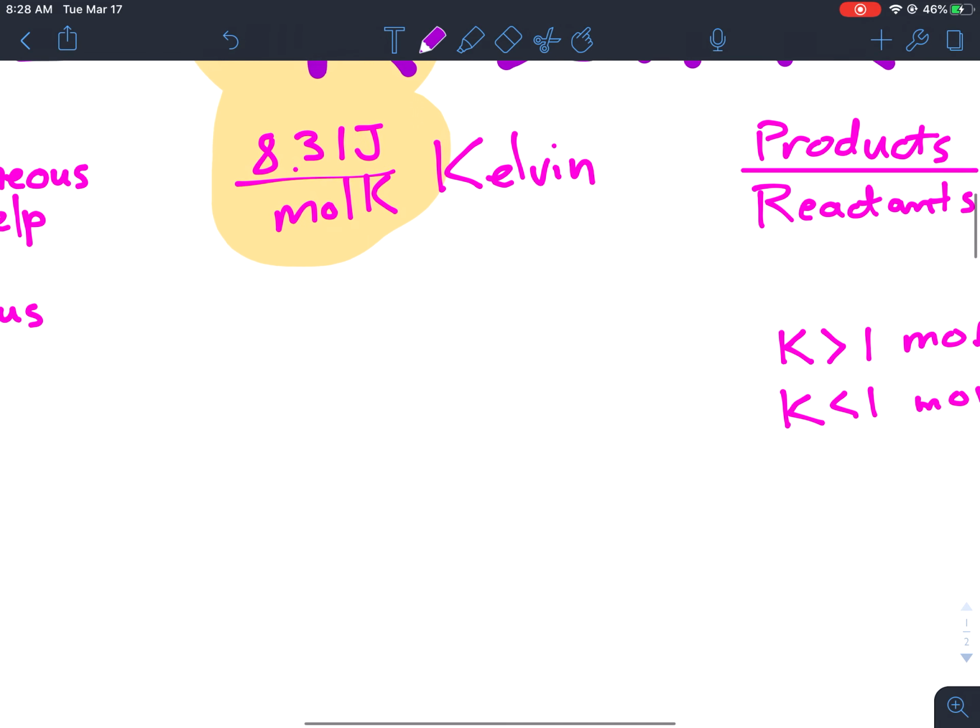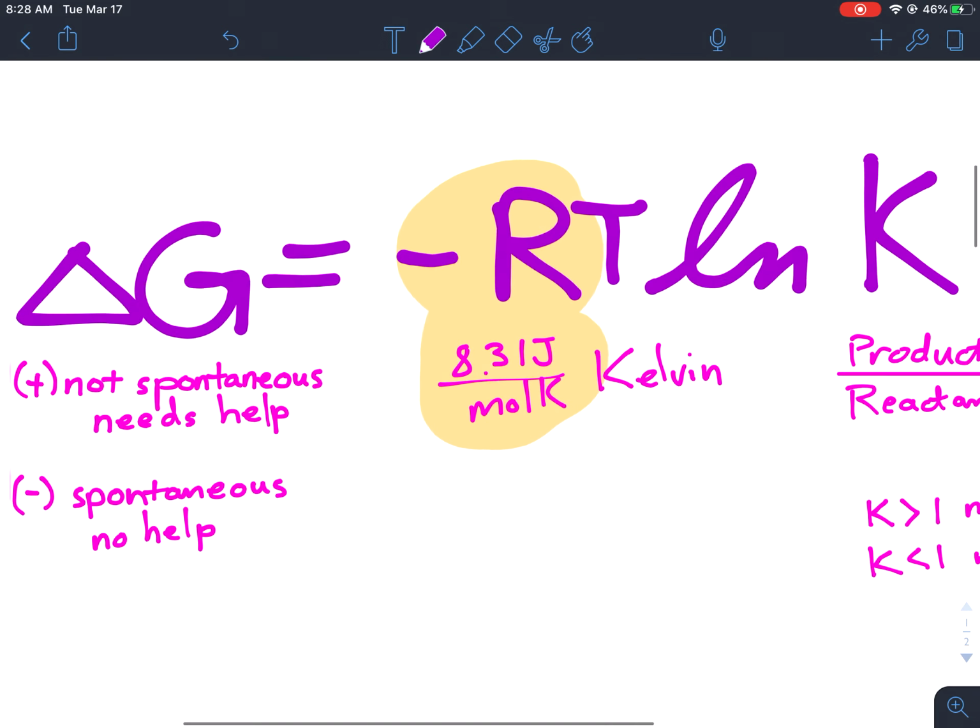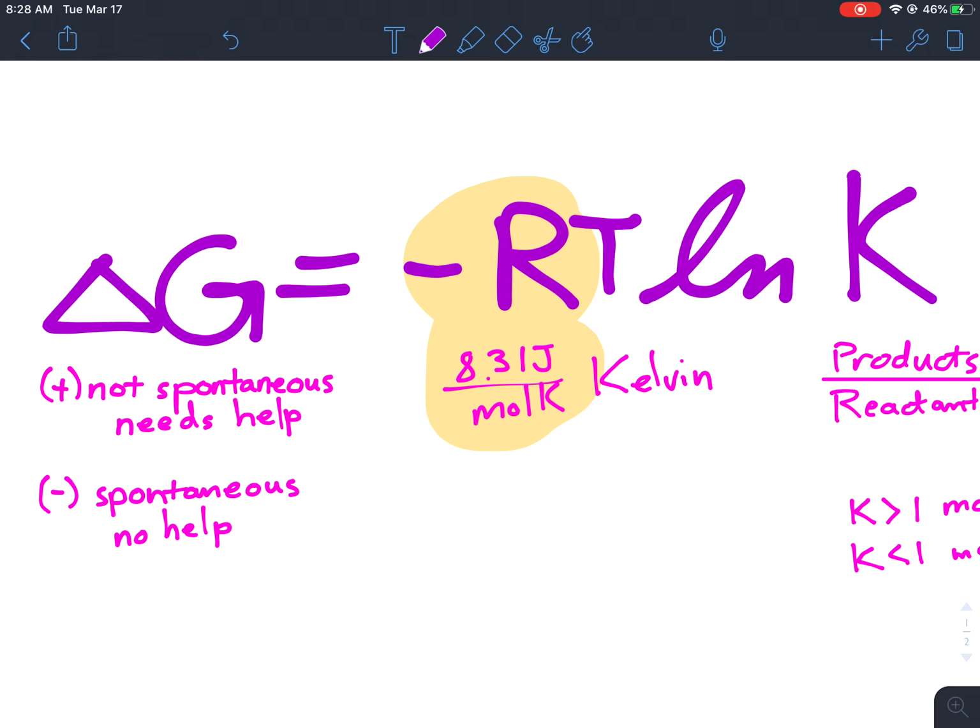All right. Now, here you see, again, I told you delta G is in kilojoules. And in RT ln K, R is in joules, so you're always going to have to convert here to make sure those units cancel out, okay? Now, temperature, again, is in Kelvin, and Kelvin can never be negative.